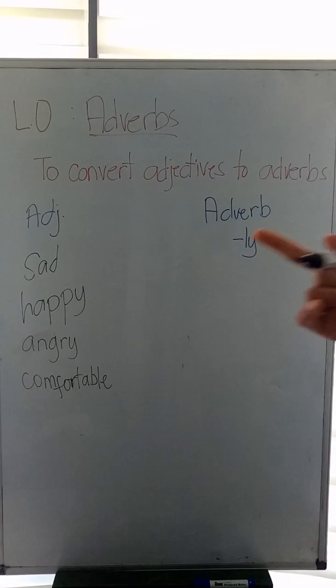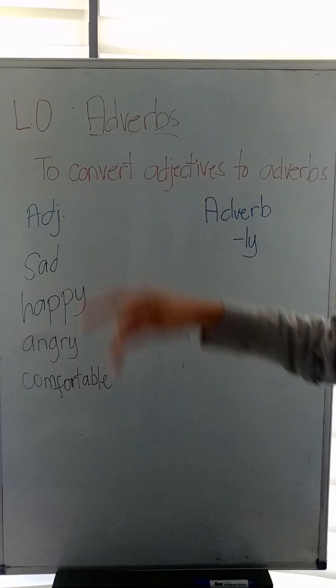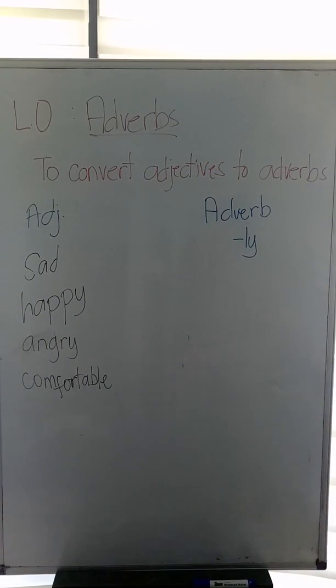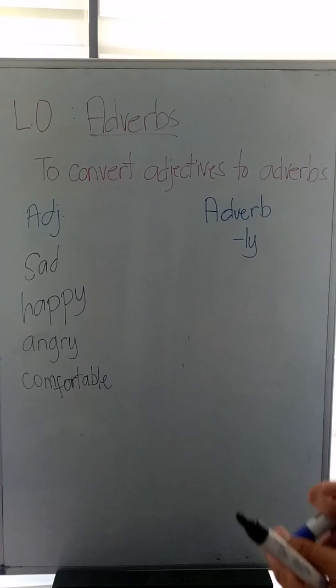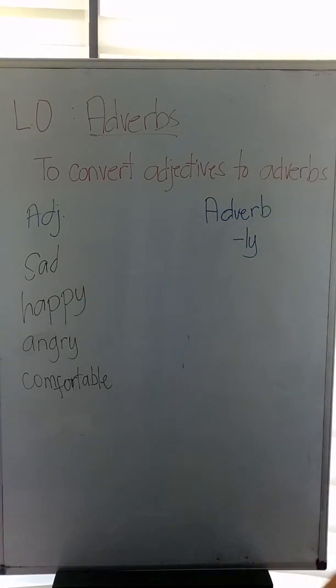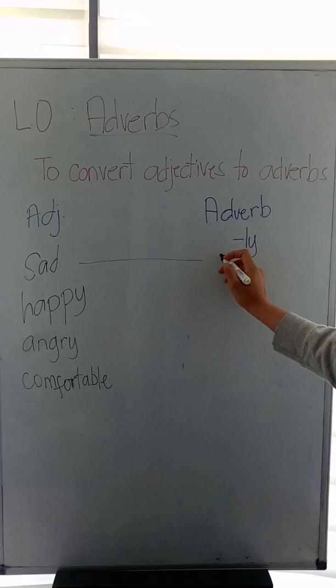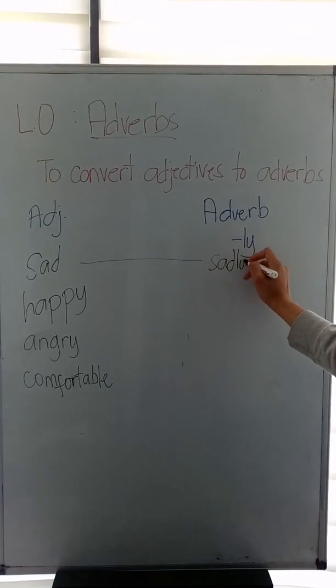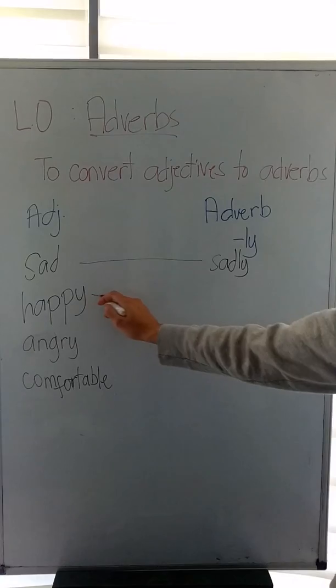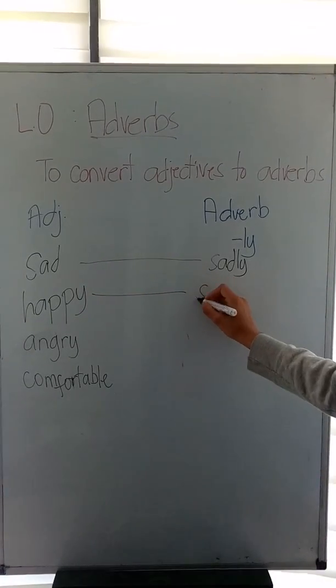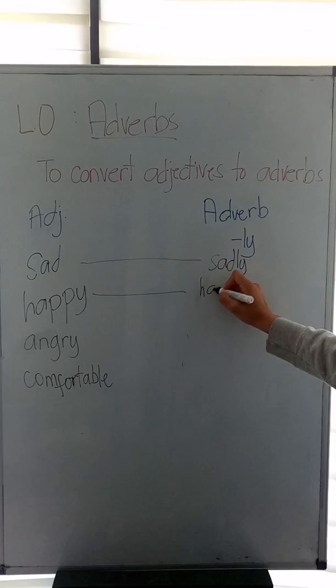We have sad, happy, angry, and comfortable. So it's easy to convert them to adverbs since an adverb usually ends with ly. So what you need to do is you're just going to add ly. So for sad, to convert it to adverb, it's just gonna be sadly. For happy, it's gonna be happily.